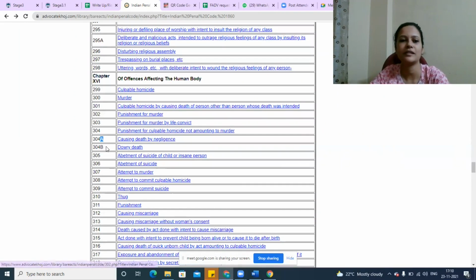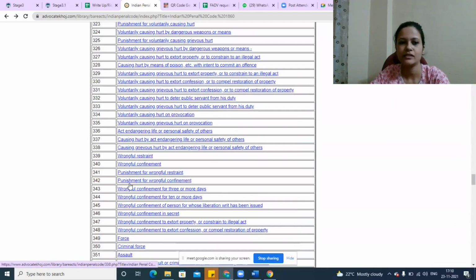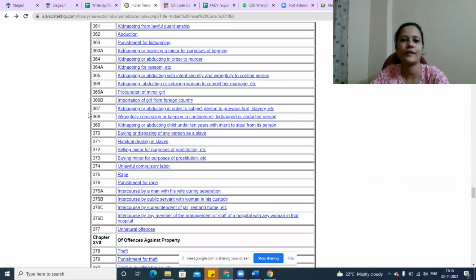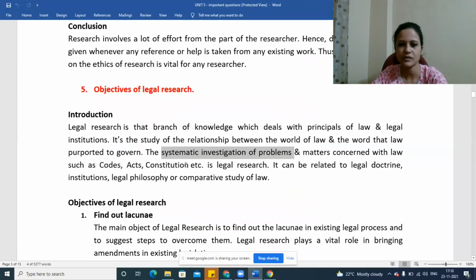By way of amendment, these provisions were added. These additions or amendments came only because we came to know that some things were missing in IPC, and we needed to make those changes by way of legal reform, by way of amendments. So it is systematic investigation of problems and matters concerned with law, such as codes, acts, constitution, etc.